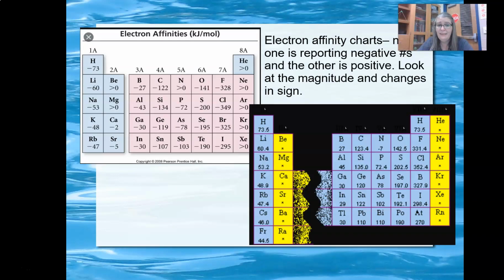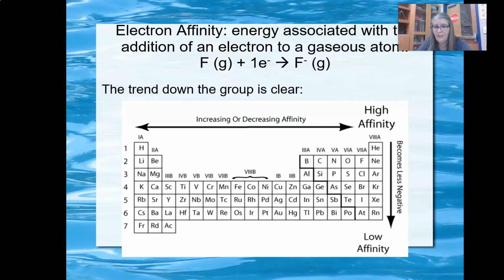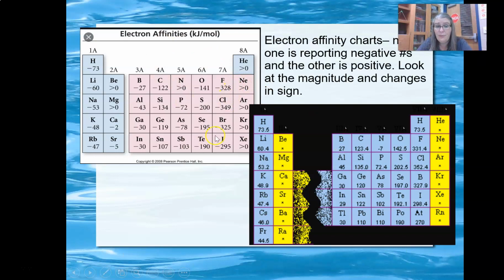Across a period, you really can't do a great prediction. It can increase, it can decrease. We can say that elements that we expect to gain electrons usually have a larger magnitude of electron affinity. The other thing that's annoying about it is that some sources will report electron affinity as negative, some will report them as positive.